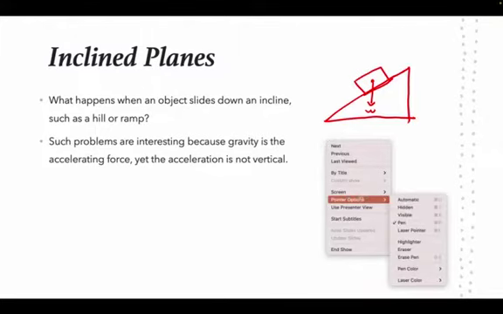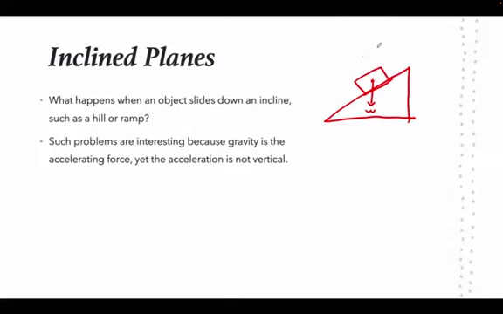If we keep our axes the same, this is the x-axis, this is the y-axis, then the motion will happen at an angle. That will be complicated to use, because the normal force would be acting at a different angle, and it's just complicated.